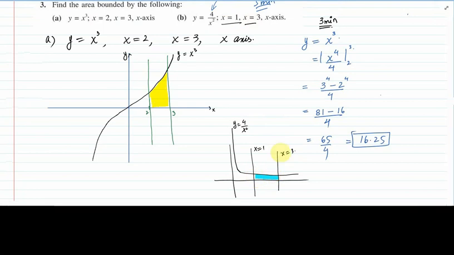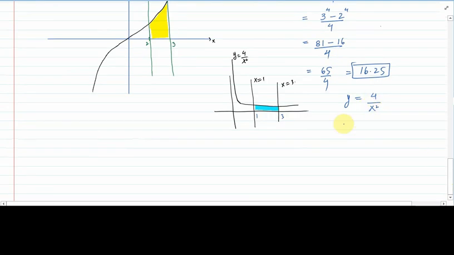The equation we have is y equals 4 divided by x squared, and the limits are from 1 to 3. Firstly I need to arrange the equation, so it's y equals 4x to the power minus 2. Now the function is ready to integrate, so 4 times x to the power minus 2 becomes x to the power minus 1 over minus 1, and the limits are from 1 to 3.